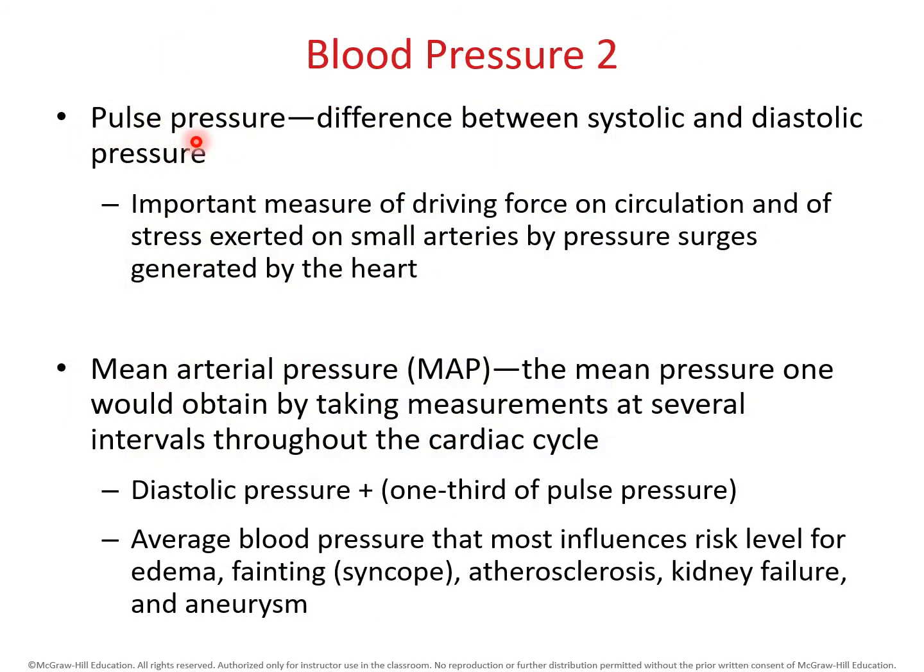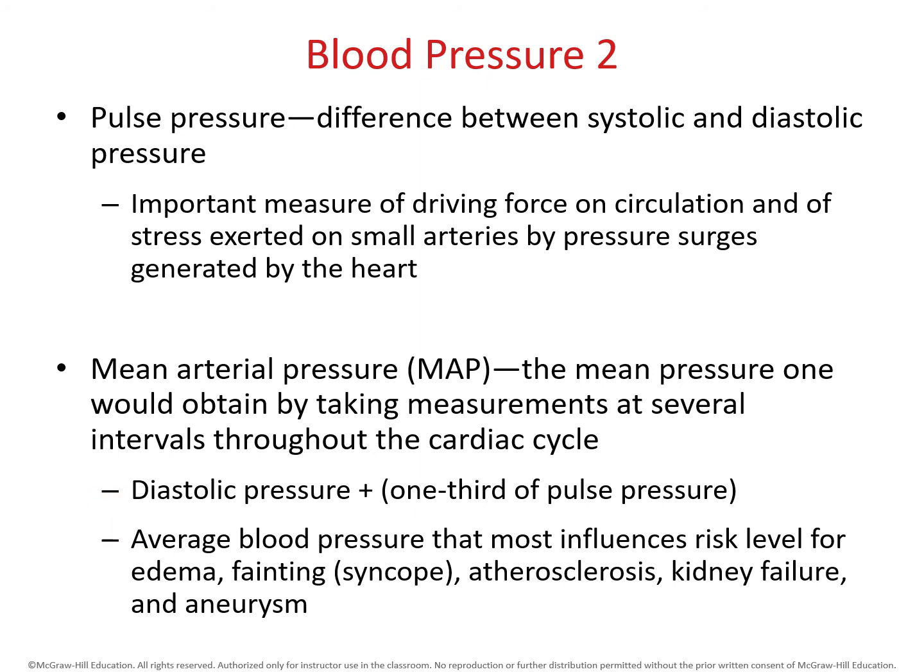So we talked about pulse pressure. Pulse pressure is the difference between systolic and diastolic pressure. And mean arterial pressure especially is important when we are looking at patients with sepsis or septic shock. This is the formula for calculating mean arterial pressure, and I expect you to know this.